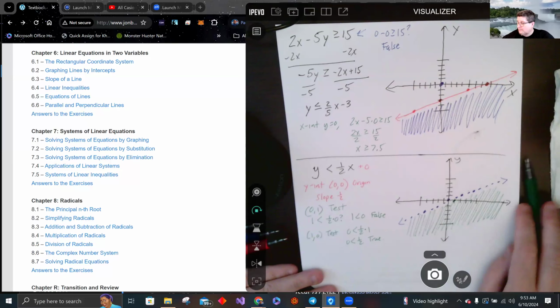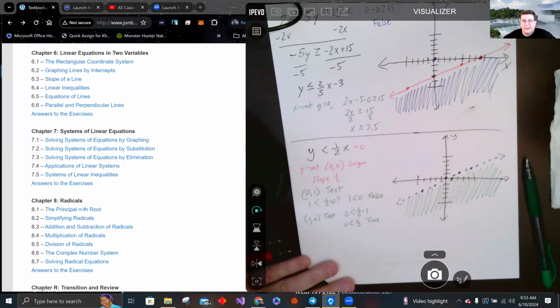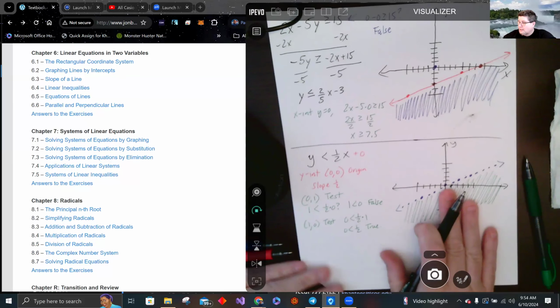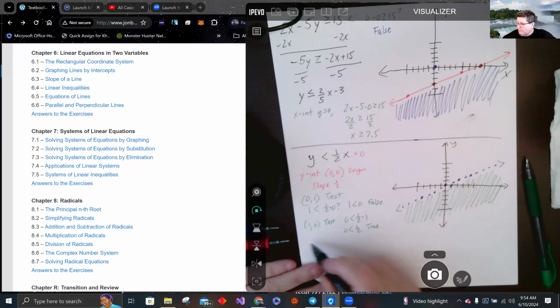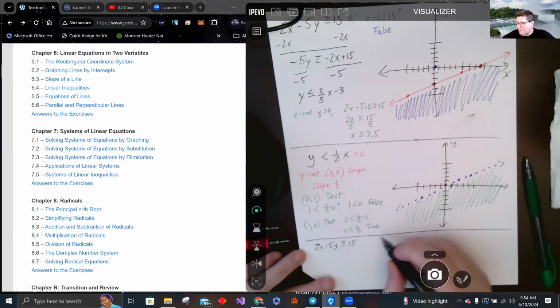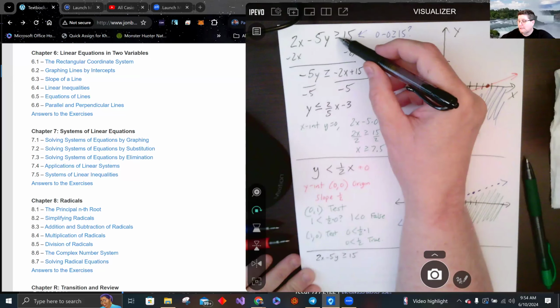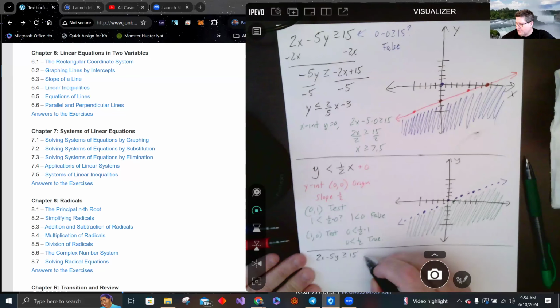I think I didn't show you what I meant by temporarily treated as an equal sign. So let me rewind to that 2x minus 5y equals 15. So I've been doing the pretend method that this is an equal sign. Now I'm not going to do the pretend method.